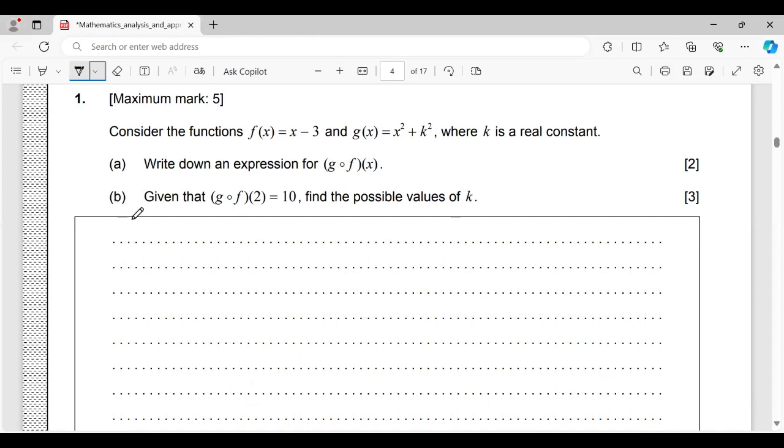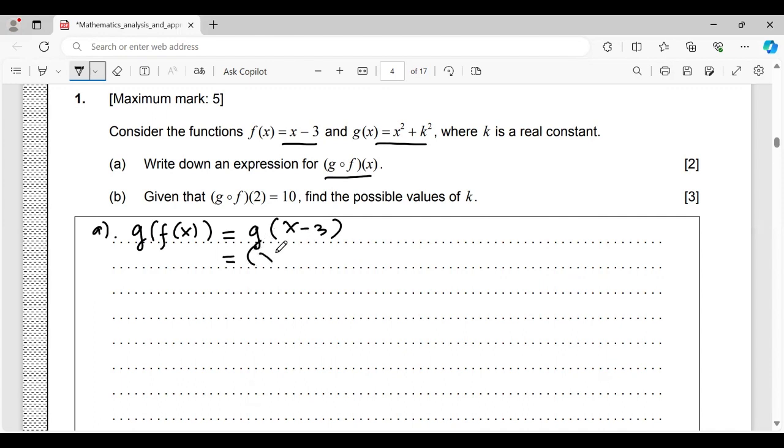Right. So we have to find first this composition function, g(f(x)). f(x) is x minus 3, while g(x) is x squared plus k squared.